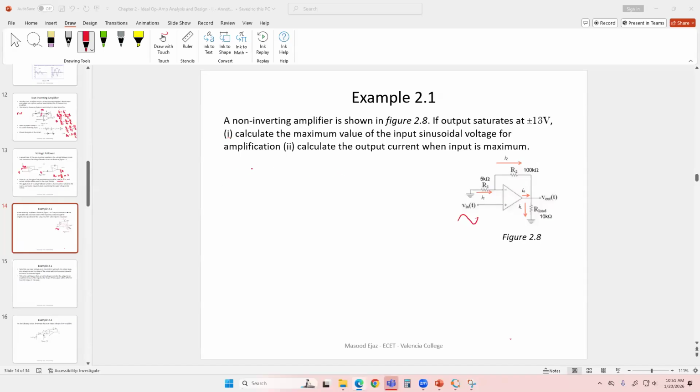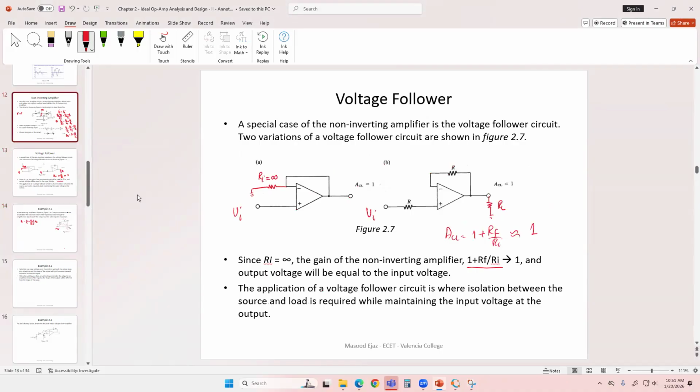So we know that this is a non-inverting amplifier, so the output is equal to 1 plus Rf, in this case R2, so I'm going to write down R2 over R1 times V in. That's our equation for the non-inverting amplifier that we derived over here.